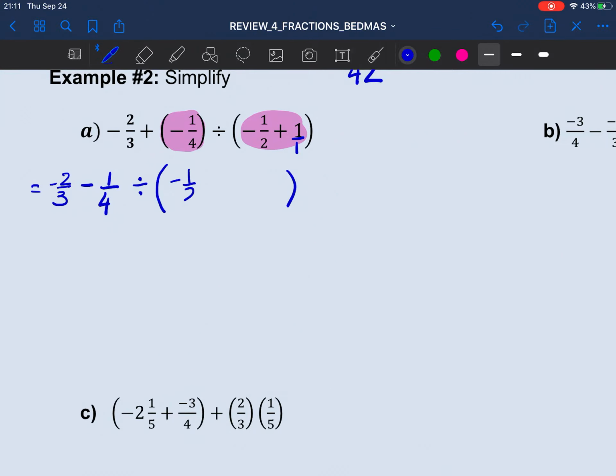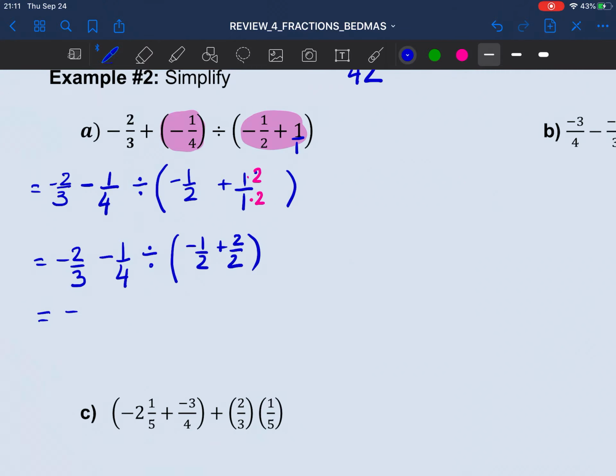So we have negative 1 over 2 plus 1 over 1. Now the lowest common denominator here will be 2, which means I need to write this as a fraction with denominator 2. And then we have negative 2 over 3 minus 1 over 4 divide by, open brackets, negative 1 over 2 plus 2 over 2.